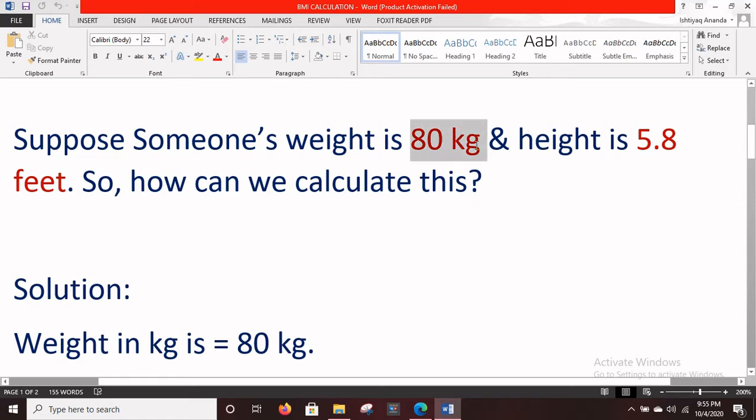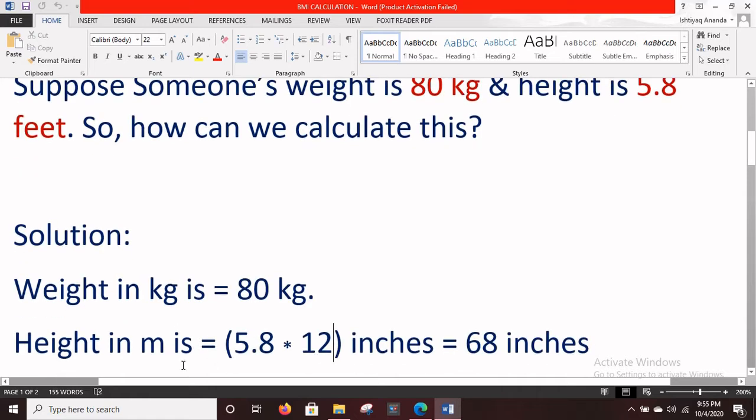Now we need the height of that person in meter, but it is given as 5 feet 8 inches, so we cannot directly convert inches to meter. We have to follow step by step to find out the height in meter.